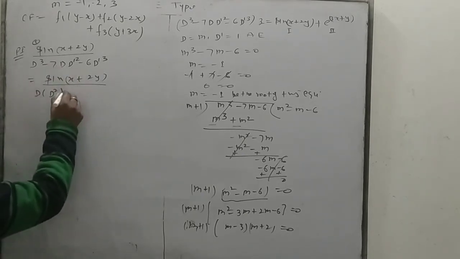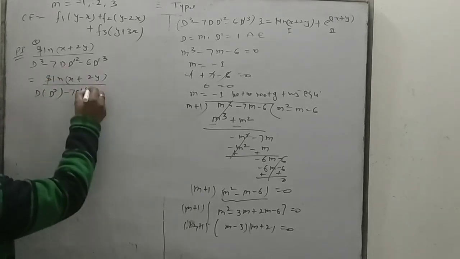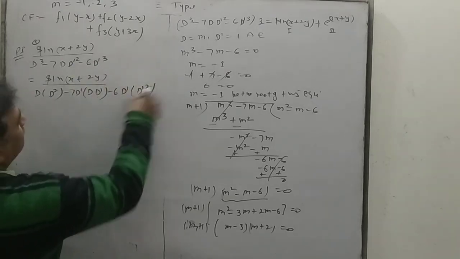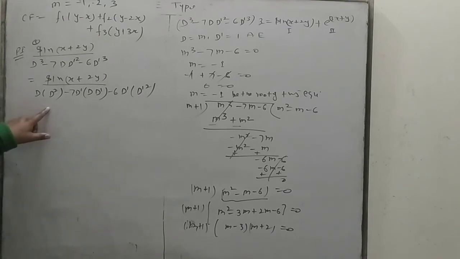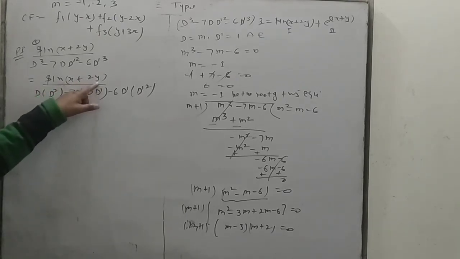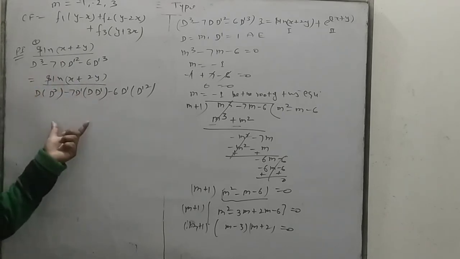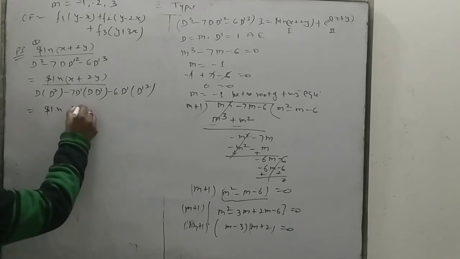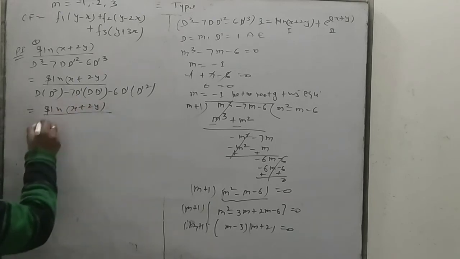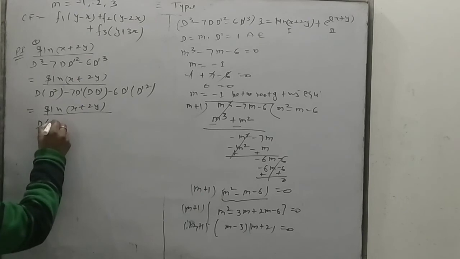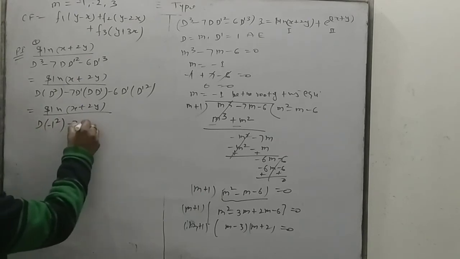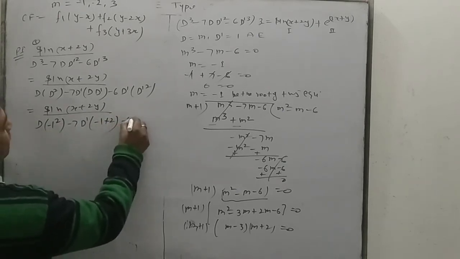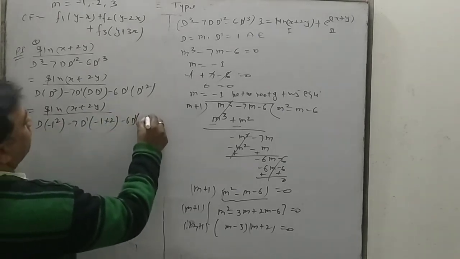And similarly for minus 7 D D dash, the values of D and D dash, and 6 D dash and D dash square. We put the x coefficient and y coefficient in these forms only: D square, D D dash and D dash square. So sin(x plus 2y): the value of D, the x coefficient 1 square, minus 7 D and D dash, 1 into 2, after then minus 6 D dash, 2 square.